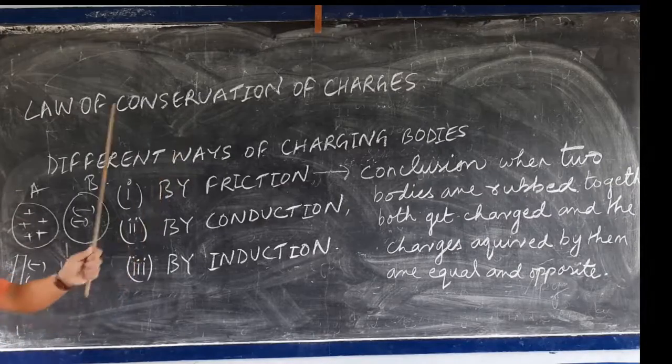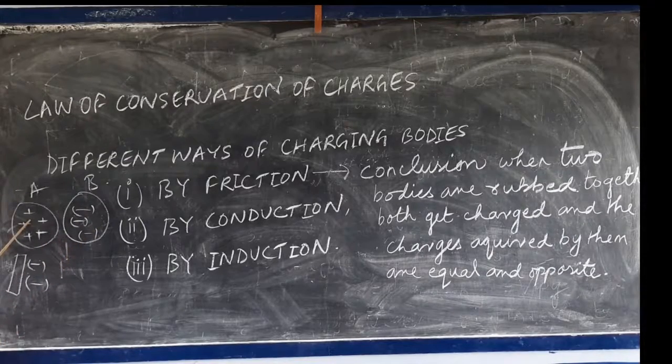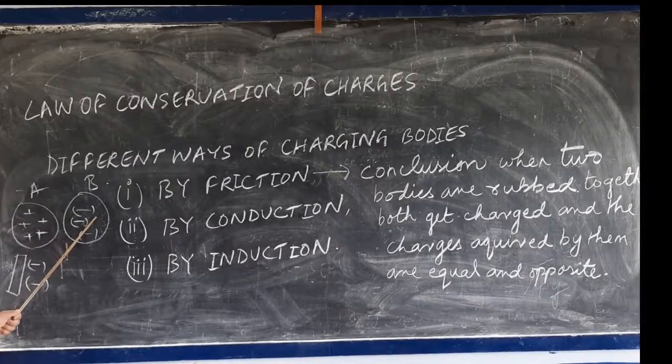That means by the process of induction, A gets charged and B also gets charged. But look at how it happens. Since the ebonite rod is negatively charged, when you bring it closer to sphere A, sphere A will get positively charged, and sphere B will become negatively charged.